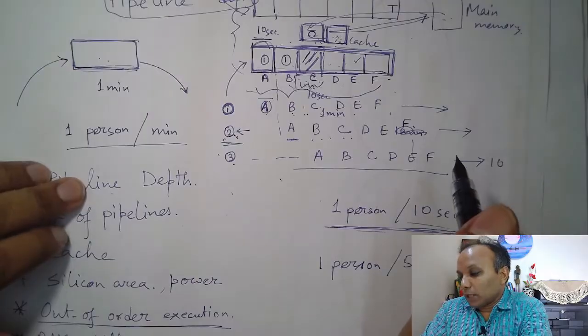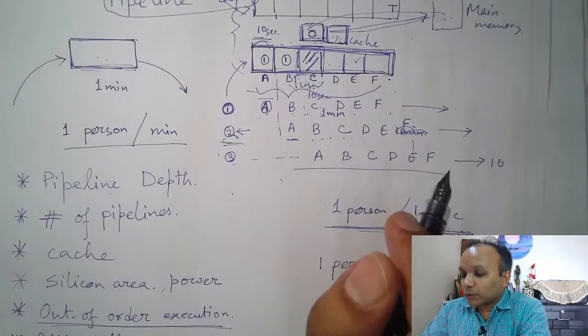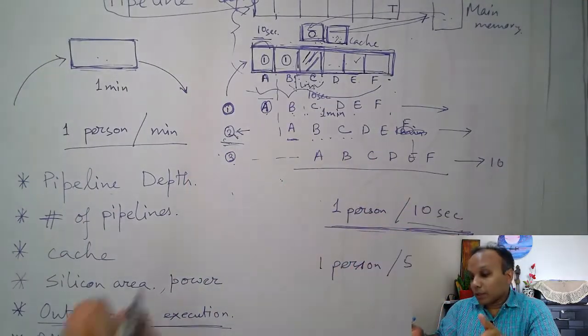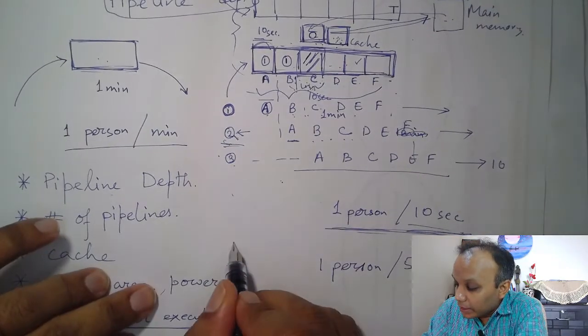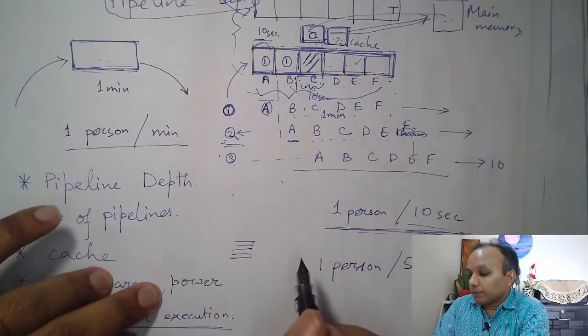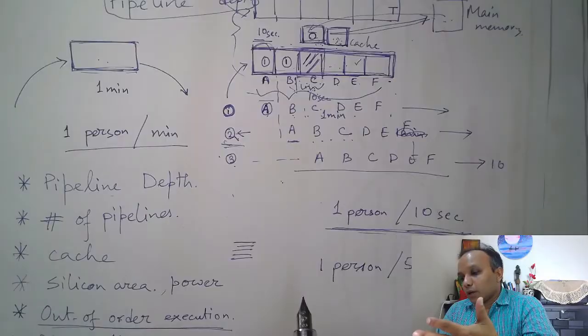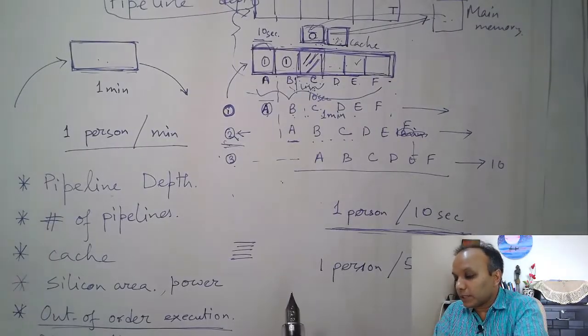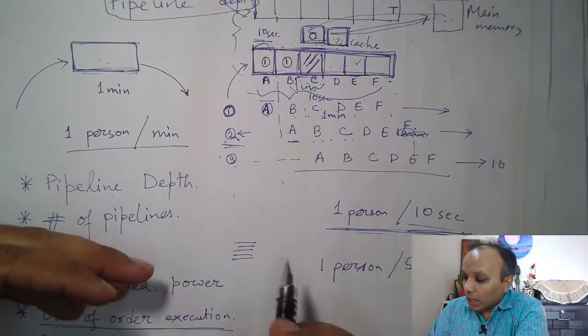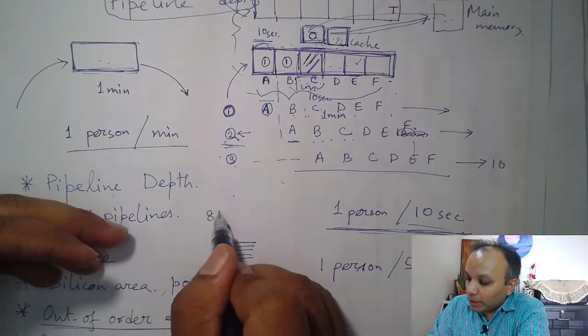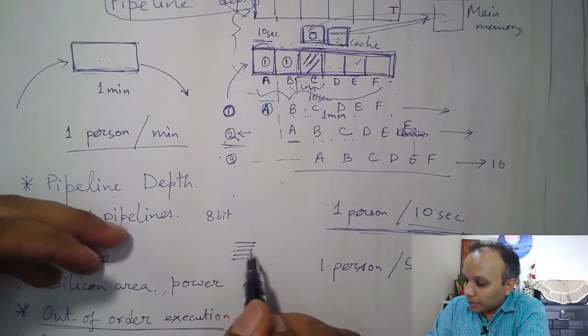Bus width means the amount of data that can move. Let us say I have 8 parallel lines, these are called my bus, and I have 8-bit data.